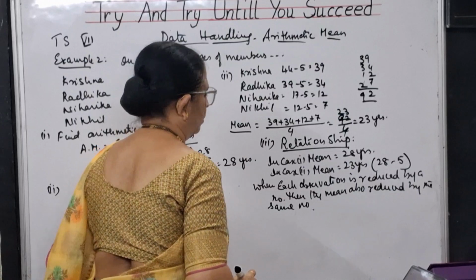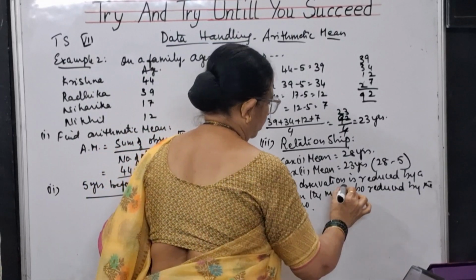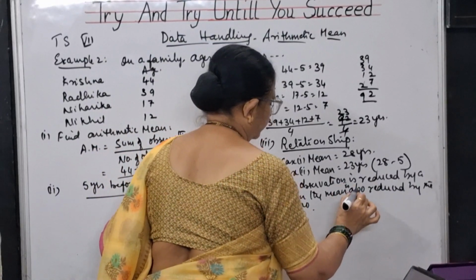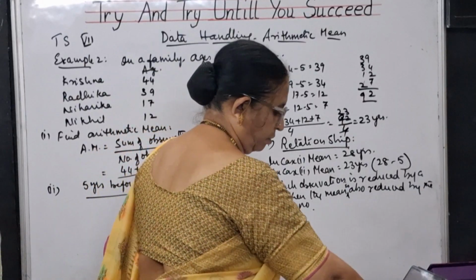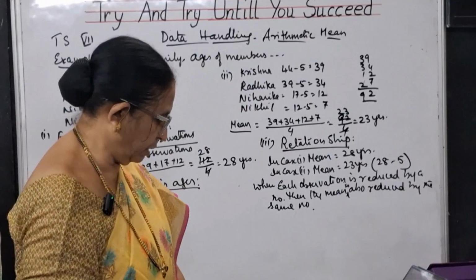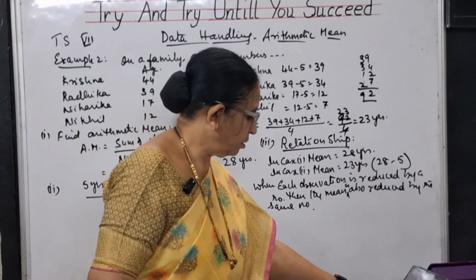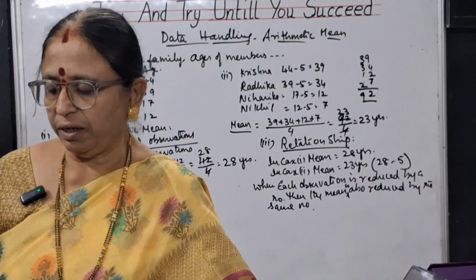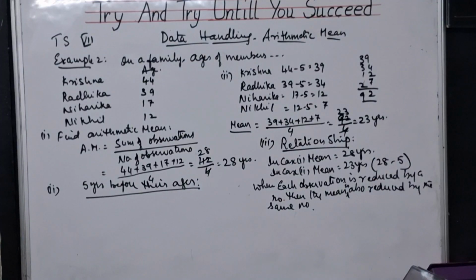This is the mean is also reduced by the same number. This is the relation that you are getting, children. Here, please note down. Still the problem is there. I will continue.